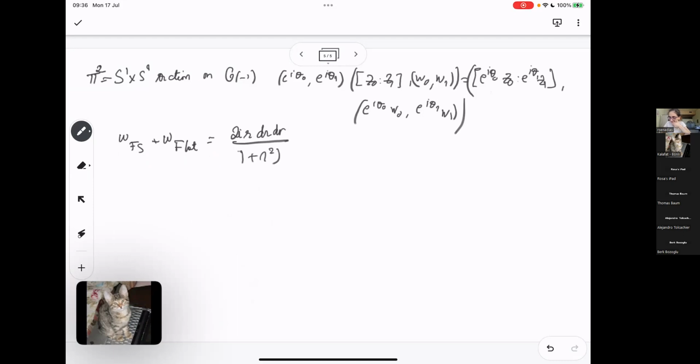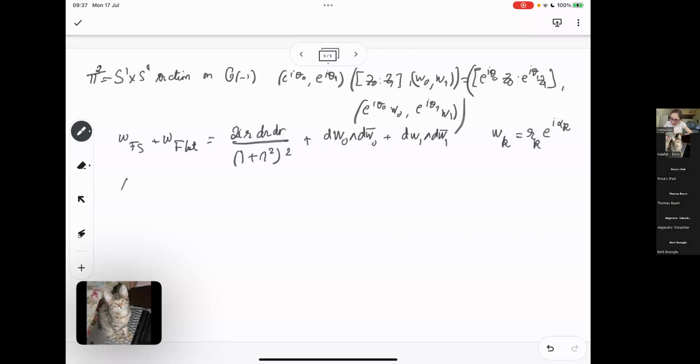It's this. The second part is even easier. We're going to use polar coordinates on the C2 as well. So let's write each of these like this.